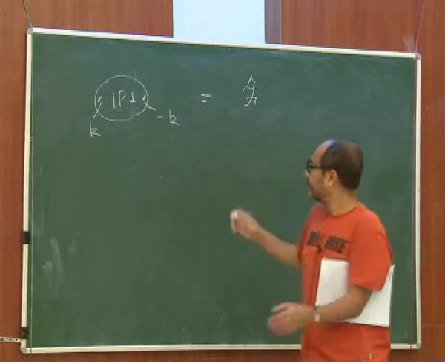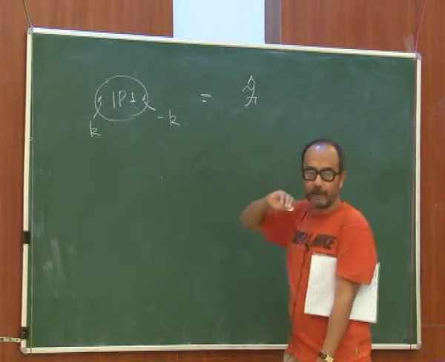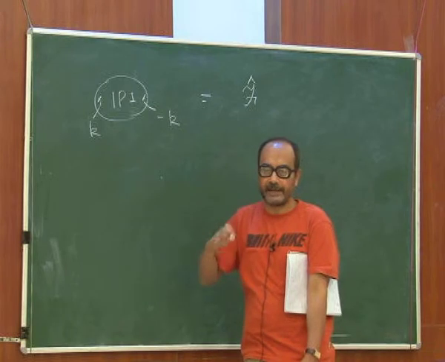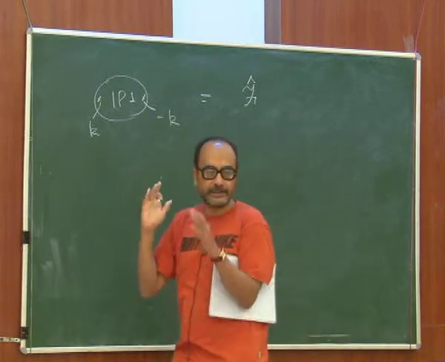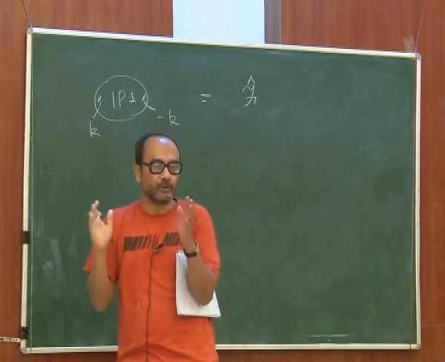Okay, but this includes only the 1-particle irreducible diagrams of all genera, right? It contains genus 1, genus 2, genus 3, etc. But not the full contribution, only the 1-particle irreducible contributions.